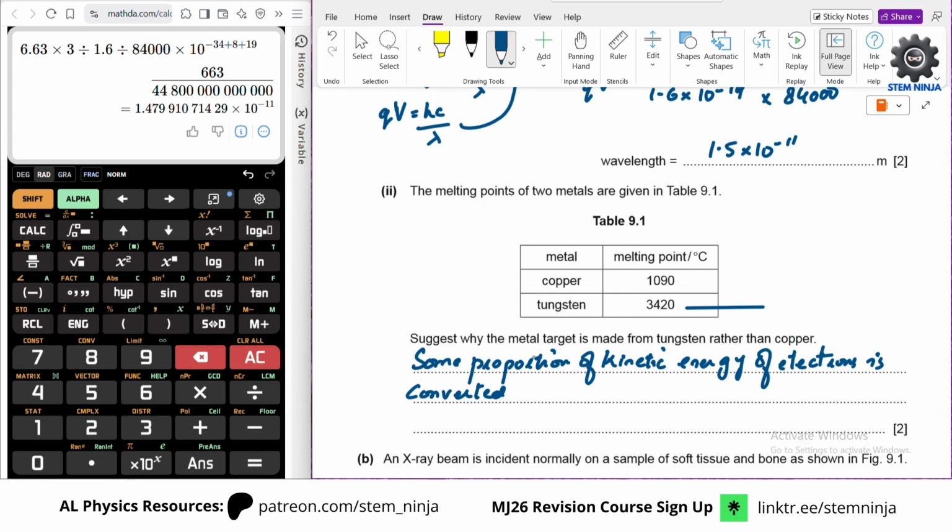Instead of creating extra photons, they simply lose their energy into the target. Some proportion of kinetic energy is converted into thermal energy at the target, causing a heating effect.